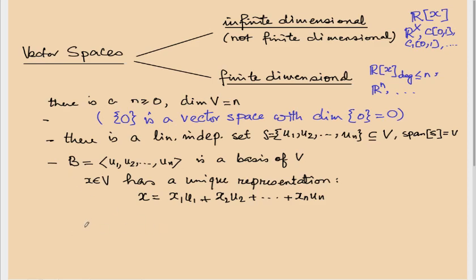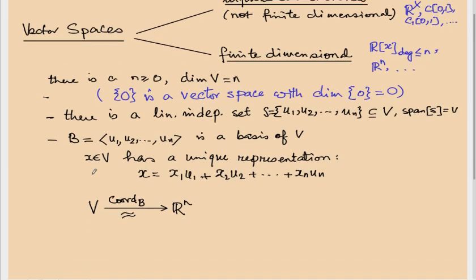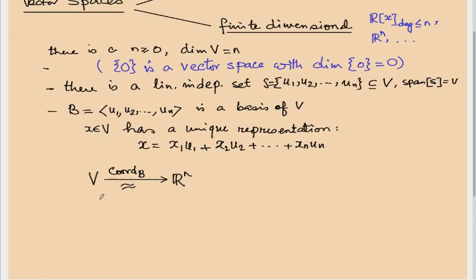And this gives rise to a bijective linear transformation, which was called the coordinatisation with respect to B. So with respect to each choice of basis, we have a coordinatisation. And what is it?